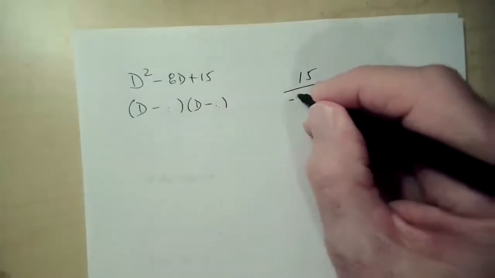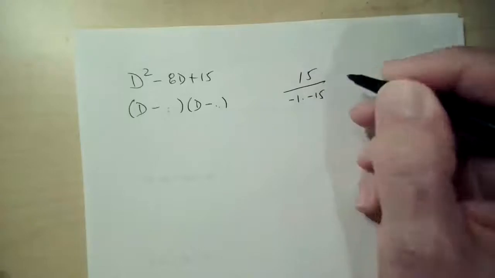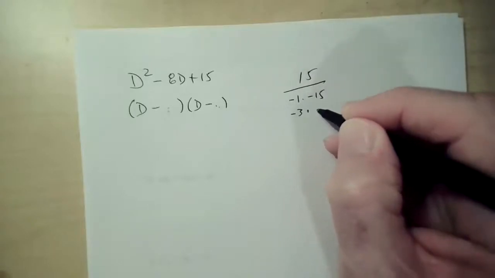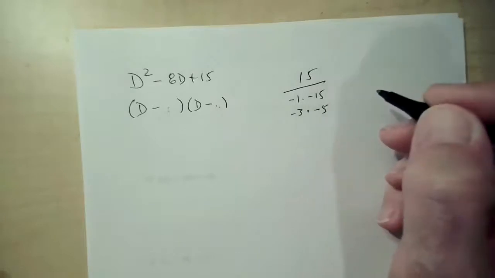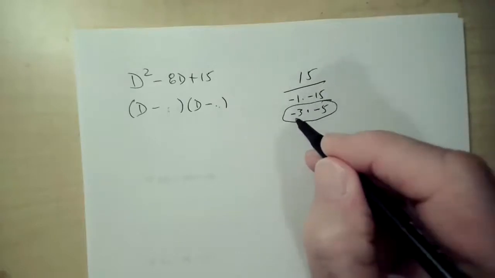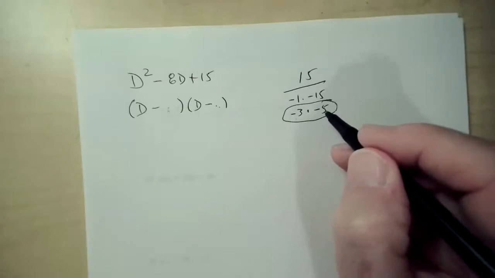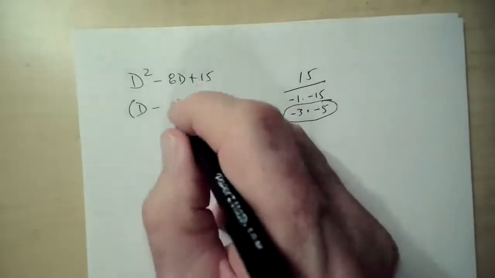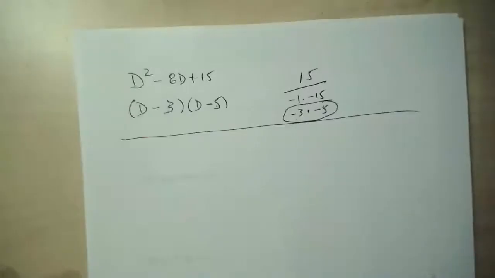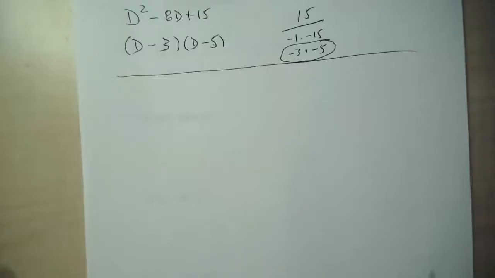Now we want the factors of 15 that combine together to give us -8. So we have -1 times -15. No. -3 times -5. There it is. -3 plus -5 gives us -8. Right? Very good.